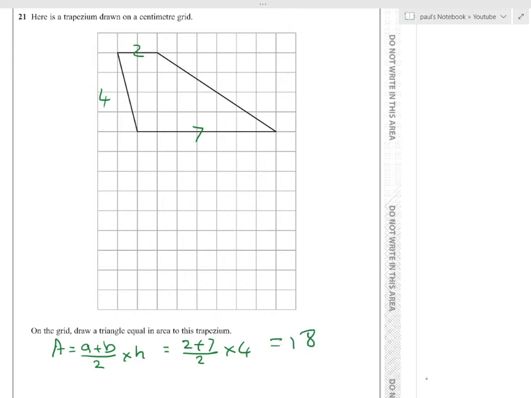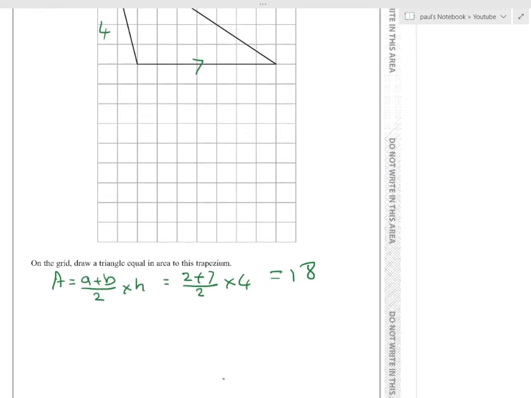Now we've got to draw a triangle that has area 18. So on the triangle, the area is 18 equals half base times height. So divide by half, so 36 equals the base times the height. We can have any combination of things here. We could have 6 times 6.